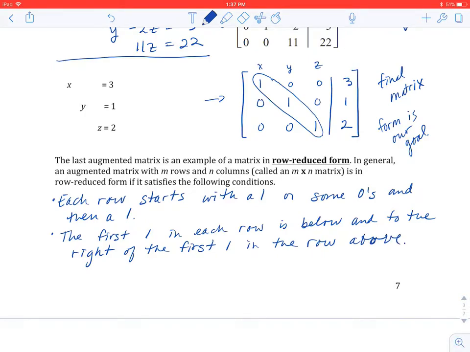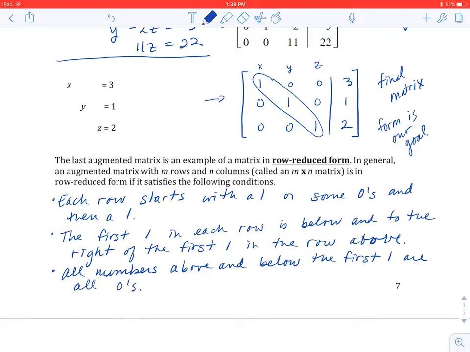And so that talks about what the beginning of each row looks like. It talks about the arrangement of the ones. And we also need to talk about the zeros. All numbers above and below the first one are all zeros.